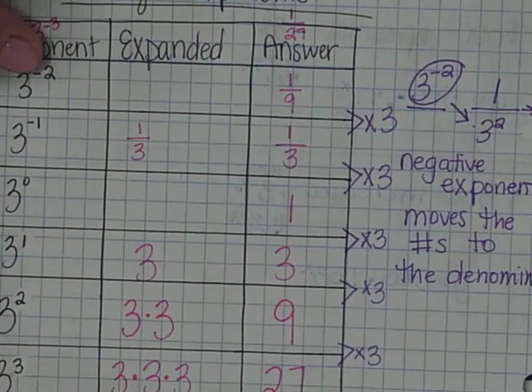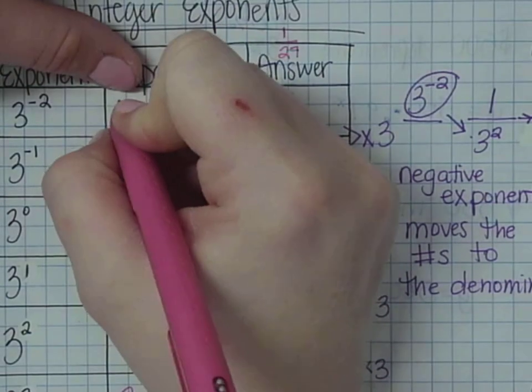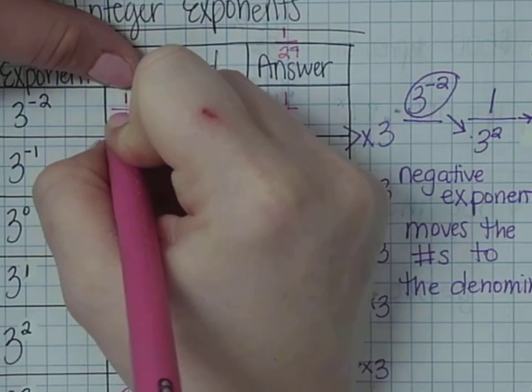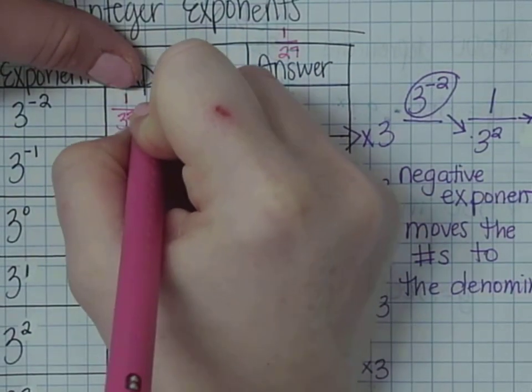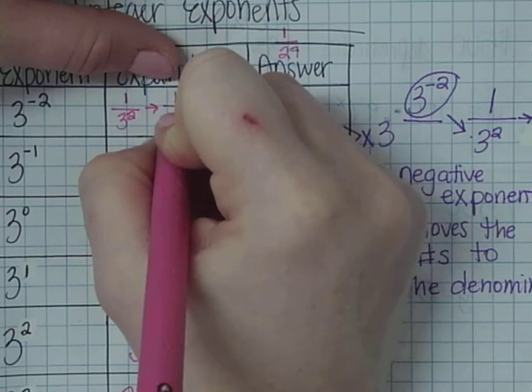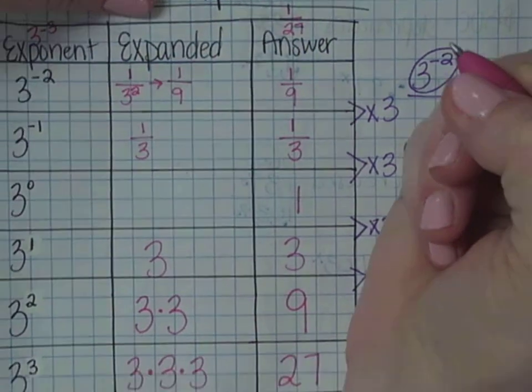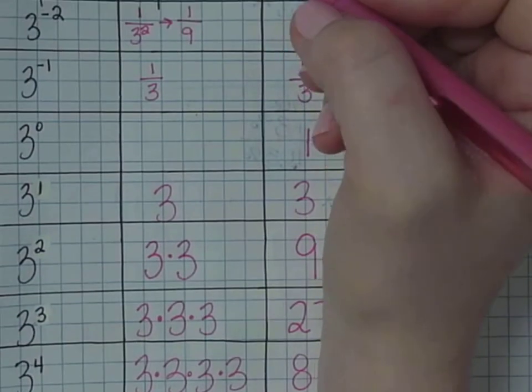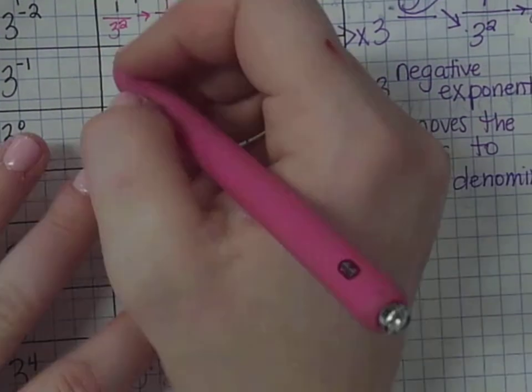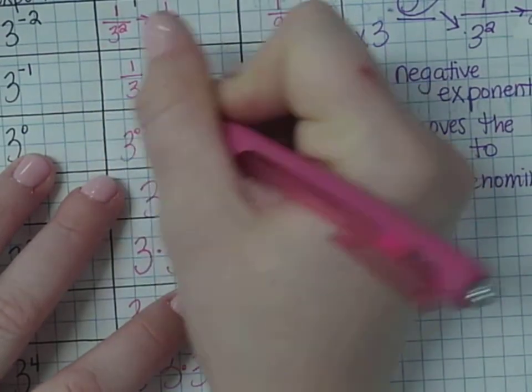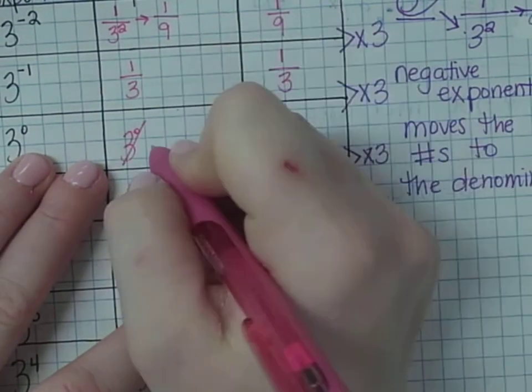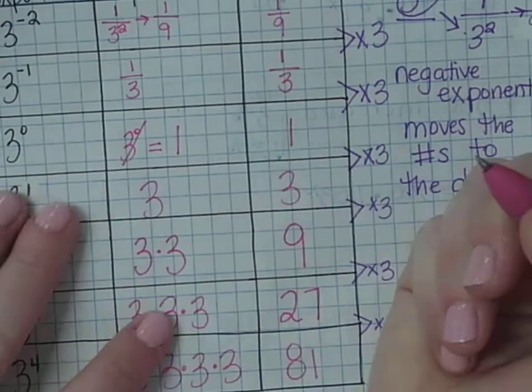So if we had 3 to the negative second, we could write it as 1 over 3 squared, which is 1/9. I'm going to go ahead and write 3 to the 0 cancels and equals 1.